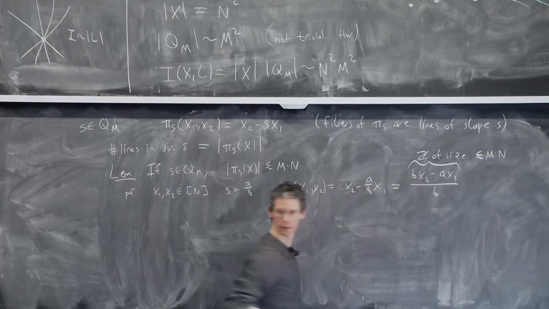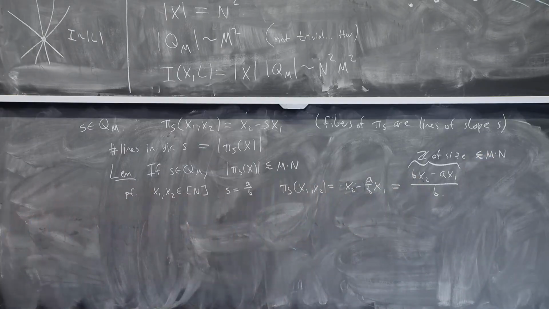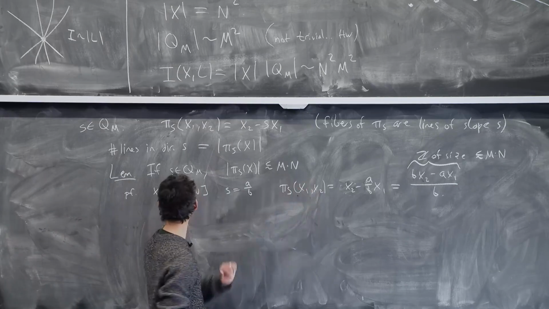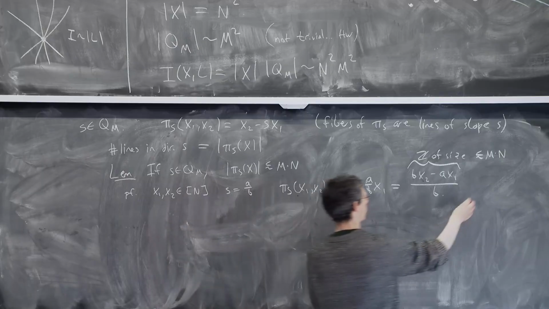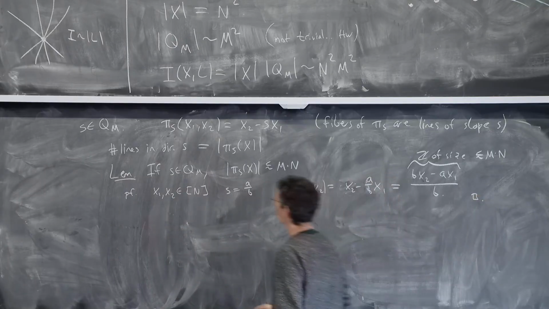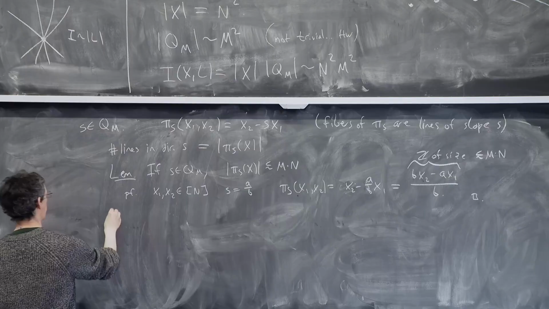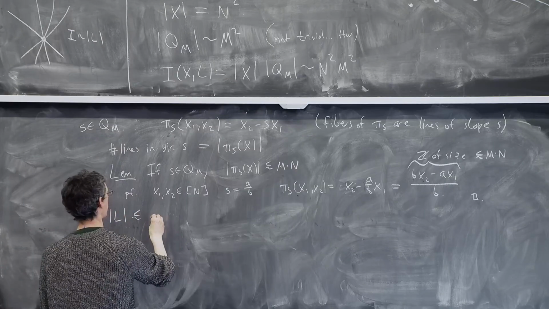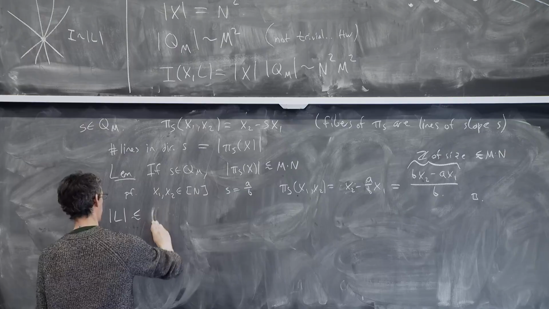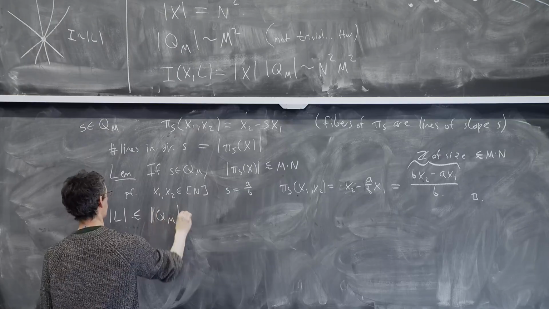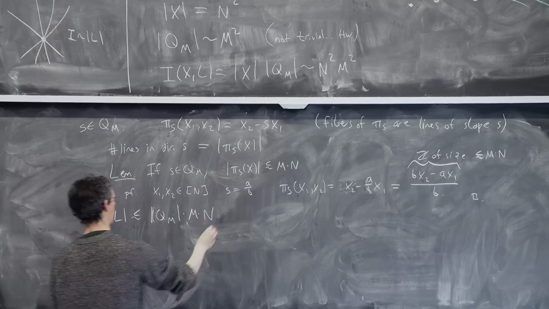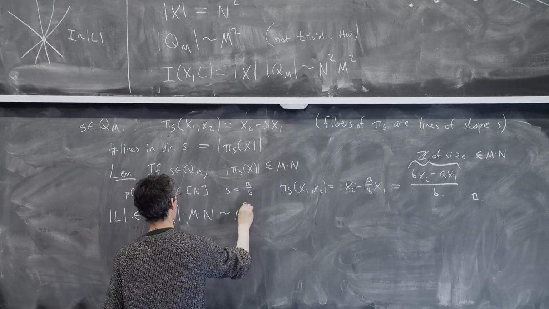And so there are at most m times n choices for what this could be up to a constant. OK, so therefore, the number of lines is smaller than the number of slopes times m times n lines per slope. So that's like m cubed n.